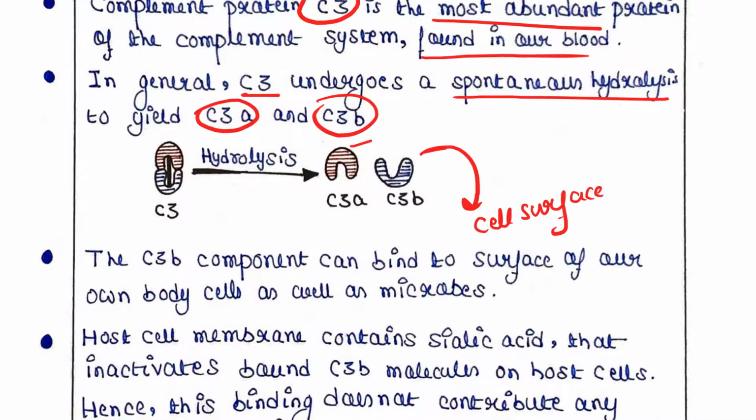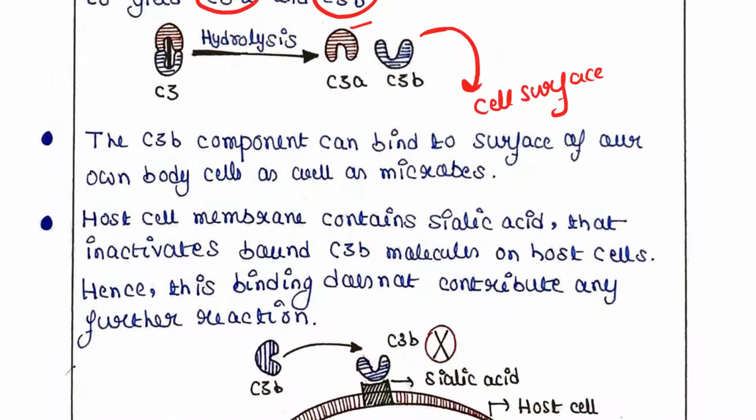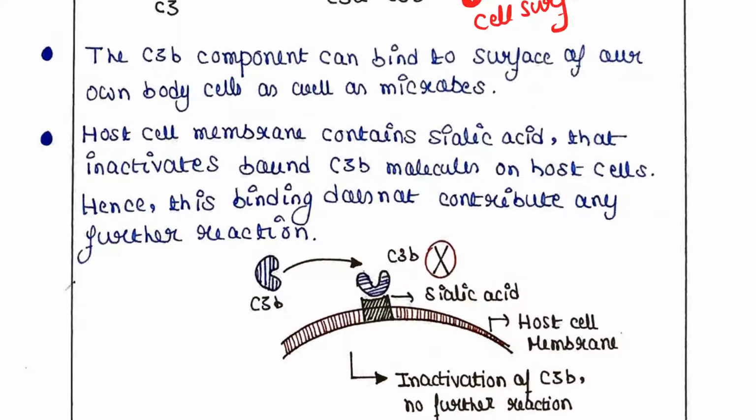The host cell membrane contains sialic acid, as we know, and that inactivates the bound C3b molecule on the host cell. So when C3 is cleaved into C3a and C3b, the C3b will come and bind to the host cell membrane.